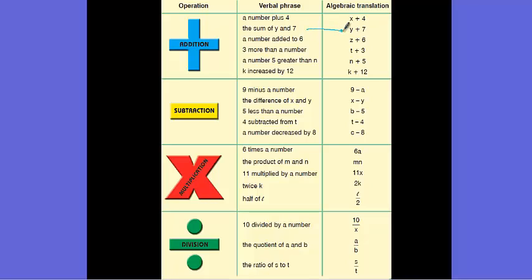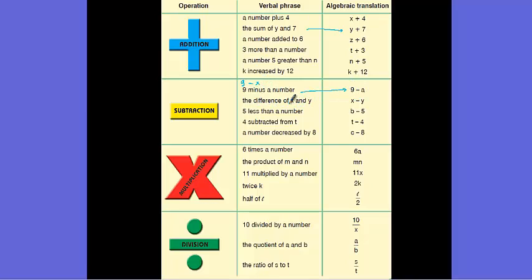Also, a number added to 6 means that we don't know the number, so we should use a variable for this number. 9 minus a number means that you don't know the number, so it's going to be 9 minus x, or 9 minus a.